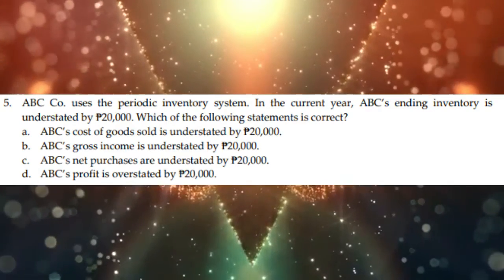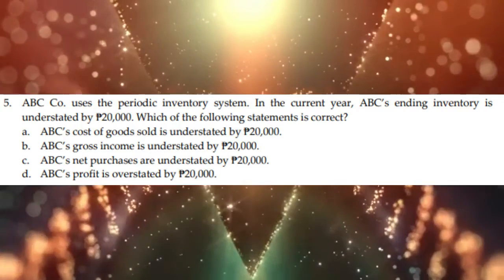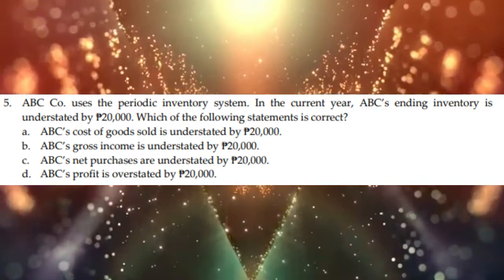Which uses a periodic inventory system. In the current year, ABC Corporation's ending inventory is understated by 20,000 pesos. Which means that the cost of goods sold is overstated by 20,000 pesos, while the net income or the gross income of the ABC Corporation would also be understated by 20,000 pesos.